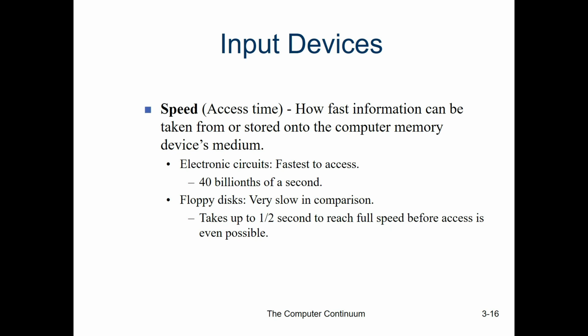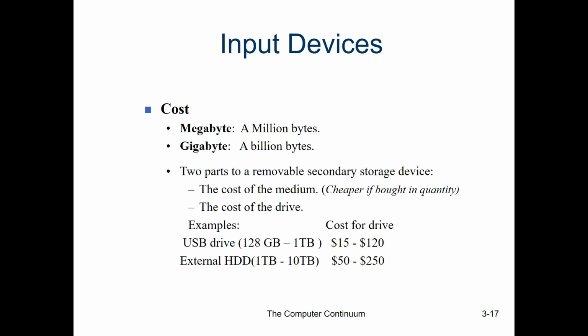Electronic circuits are the fastest to access, in billionths of seconds maybe, like SSDs. Floppy disks or hard disk drives are very slow in comparison, because nowadays they have been largely replaced by electronic circuits like SSD cards in modern computers.